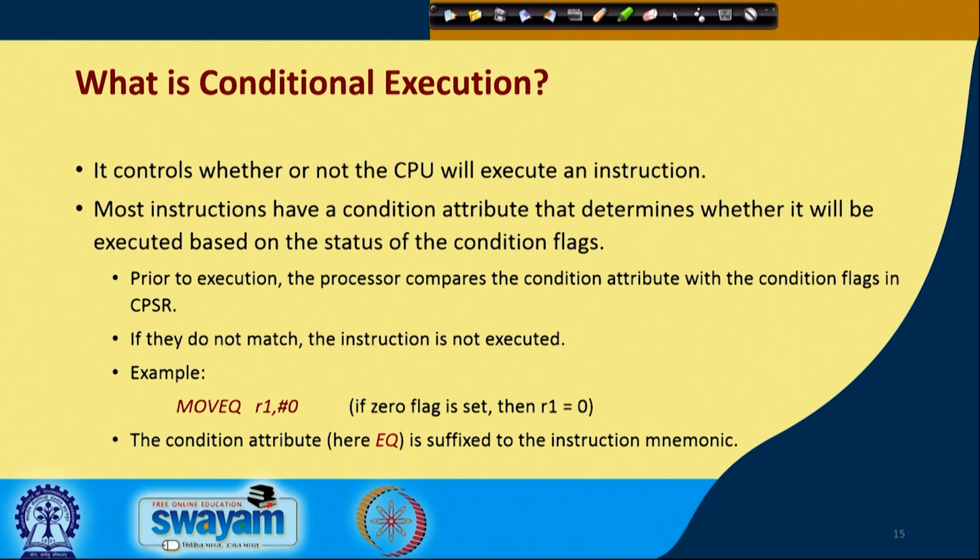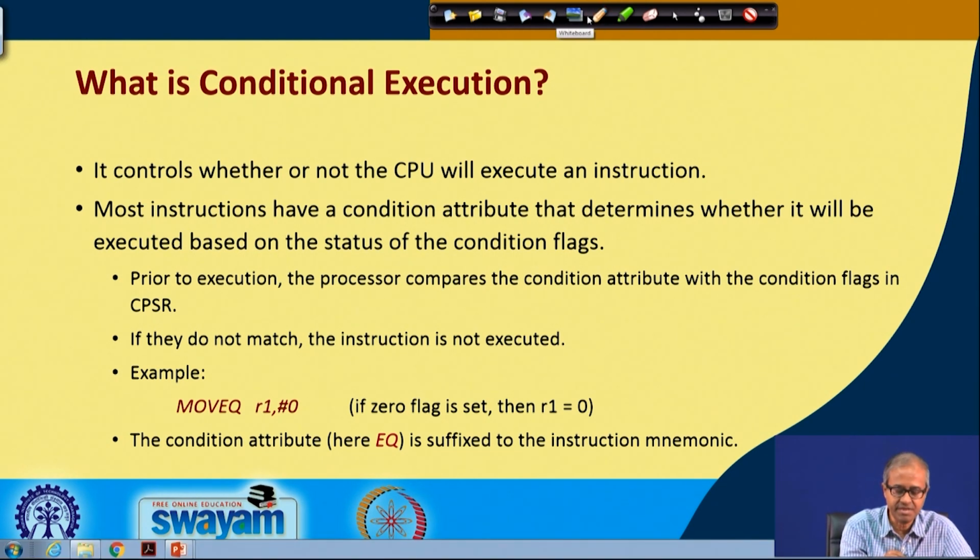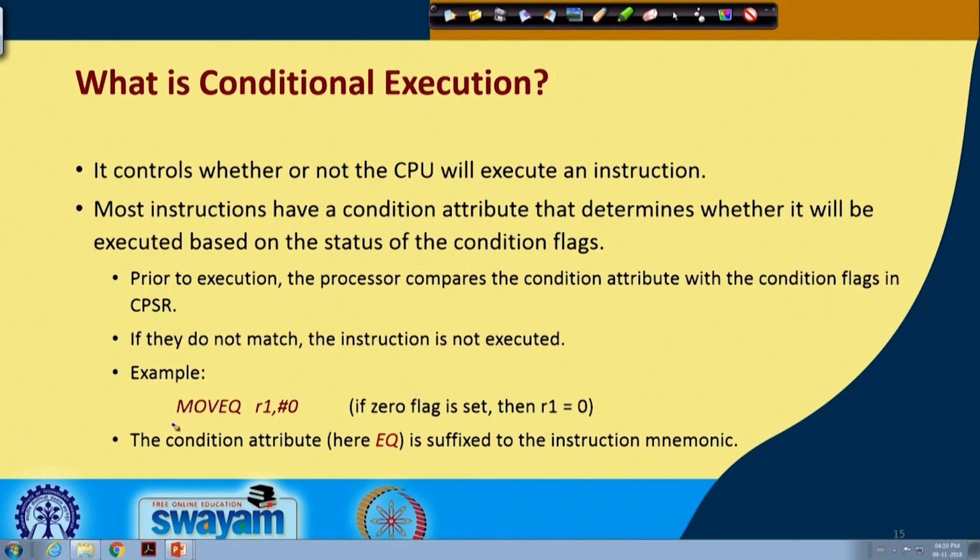Conditional execution, I told you, let me take an example here; we shall be discussing some more cases later. Conditional execution controls whether or not the CPU will execute the current instruction. Most instructions in ARM allow a conditional attribute to be specified. Let me take an example, an instruction like this.